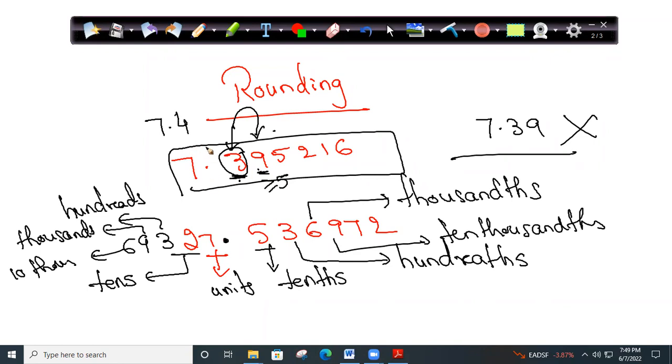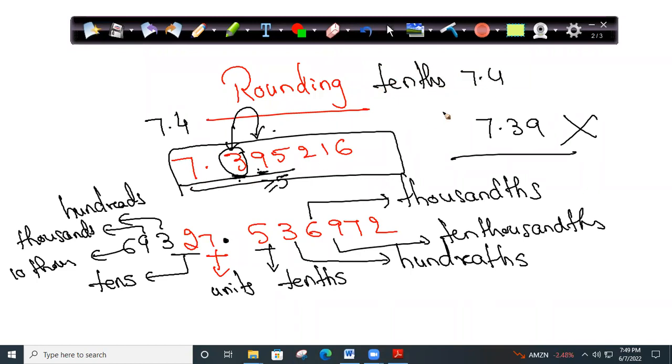Everyone, focus should be there. Every word that we are teaching in the class is most important. This is important for all the questions, not for one topic. What I'm teaching you now: rounding off to the nearest tenths, hundredths, thousandths. If I need to round off to the nearest tenths, my answer is 7.4.